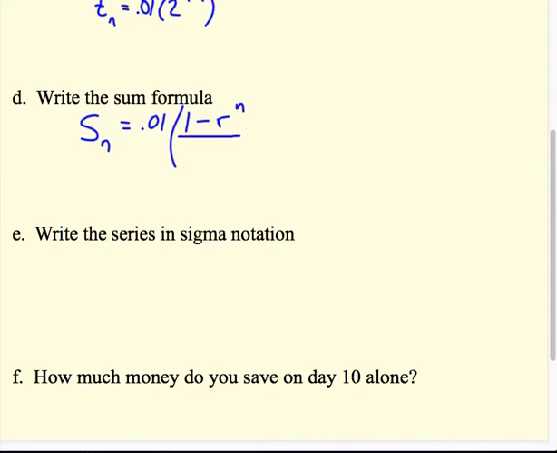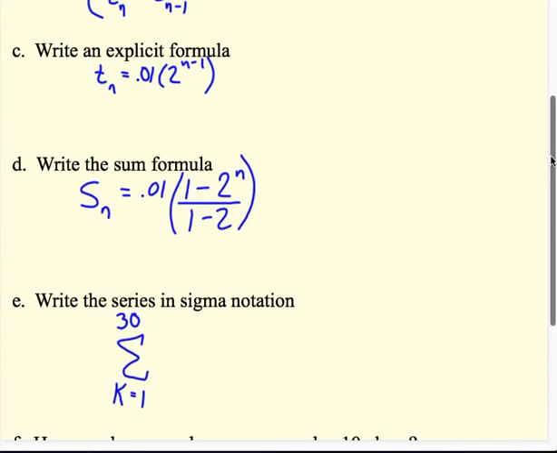Sorry, and our ratio is 2, so let me fill that in as well. Over 1 minus 2. And then we'll fill in the n when we get to the end. To write it in sigma notation, again, we're starting on day 1 through 30 days, and then we just take that explicit formula that we wrote here and put that in for what we're summing.